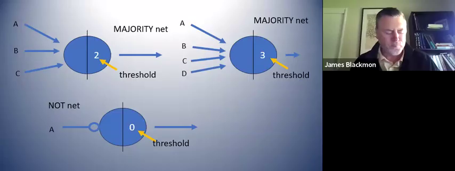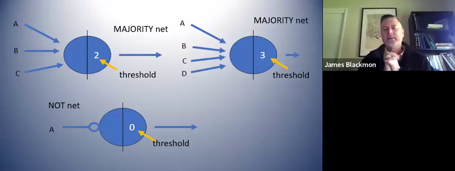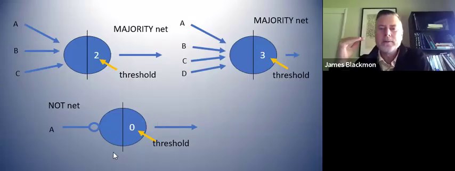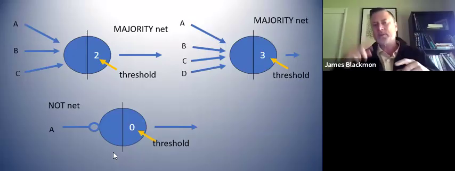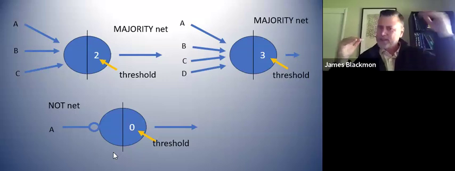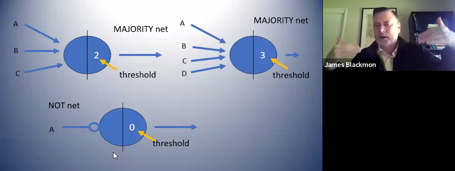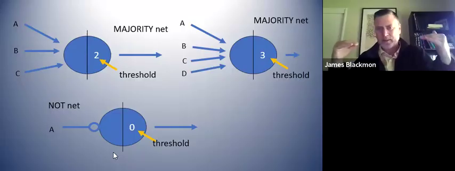Okay. If you had an arrow here, and it still had the 0 threshold, then A wouldn't matter. This thing would always be active, because it's either getting 0 input, which meets the threshold of 0, so it produces an output of 1, or it's getting a 1, which exceeds the threshold of 0, so its output is 1.